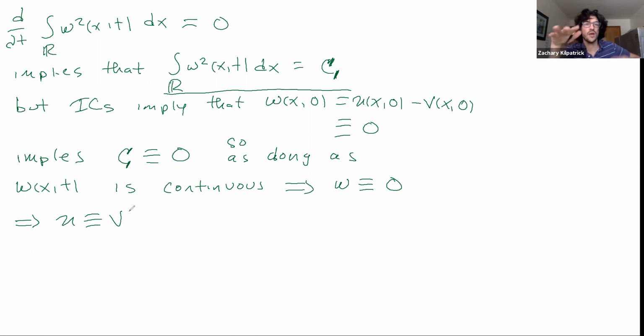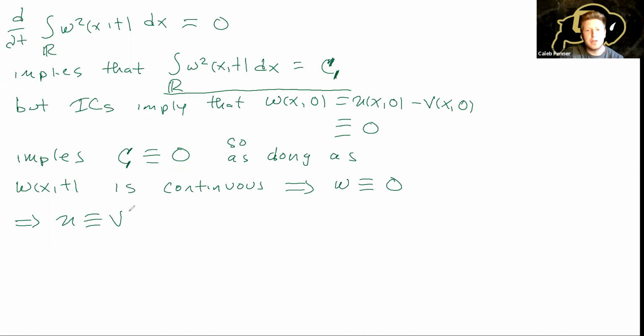So if you have some jump discontinuity or something like that, your solution's not going to be well behaved there anyway. So you can sort of chop the problem up into the regions around the discontinuity. So you can get away with it, but the results are not going to be as clean as they are in this case. It's a good question, yeah.